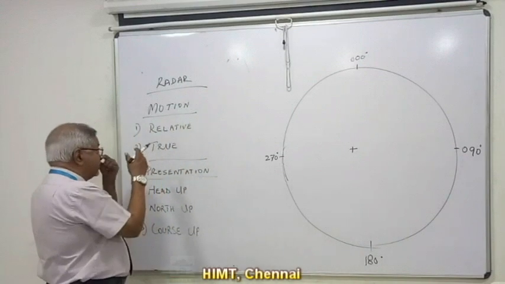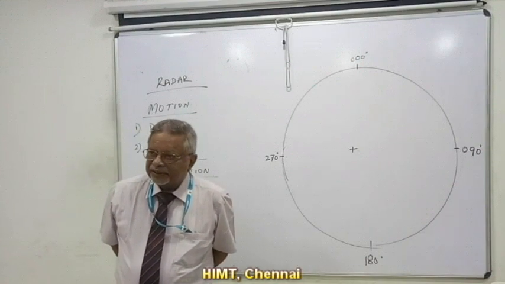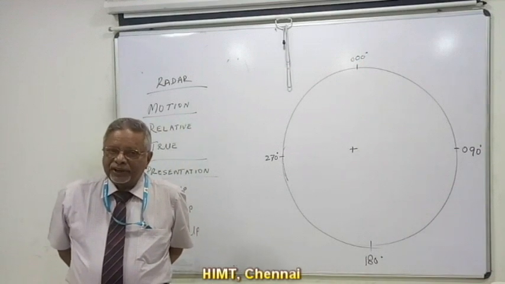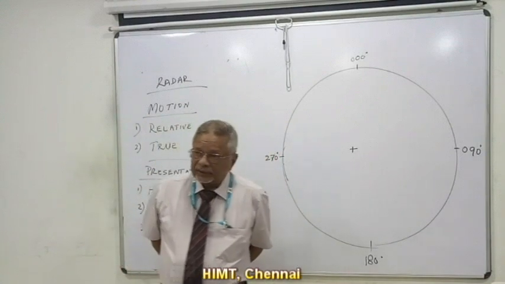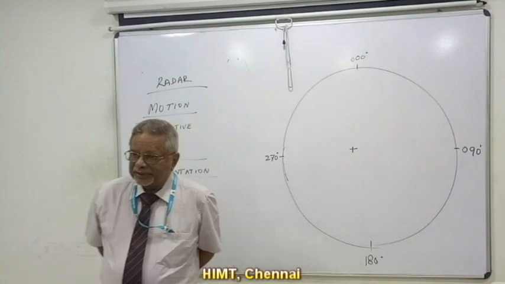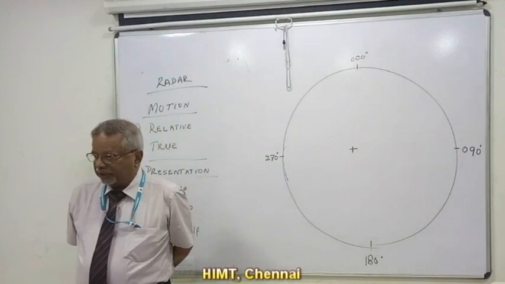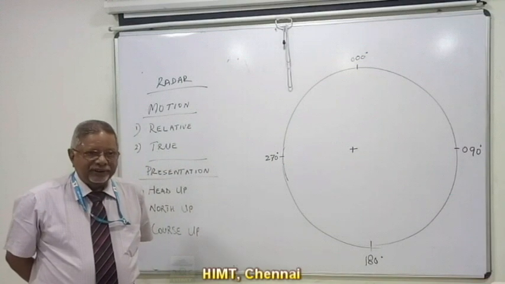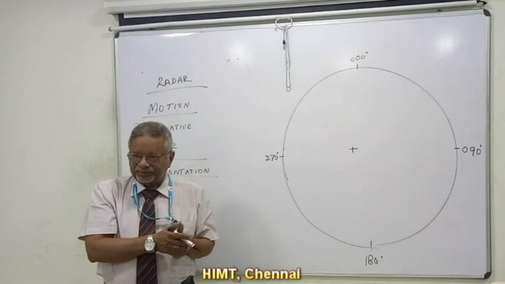To understand this, you must know something about the background of radar. Radar was an invention far ahead of its time. Radar was first invented in the early 19th century. At that point of time, even a gyro was not invented. So since there was no gyro, you cannot stabilize the radar.